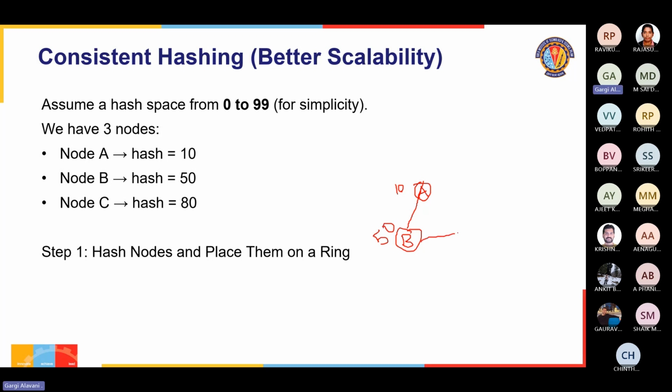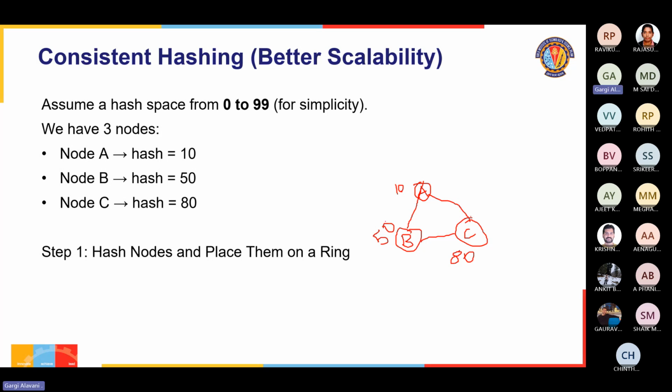Then we have C. C's hash is 80. And this forms a ring.